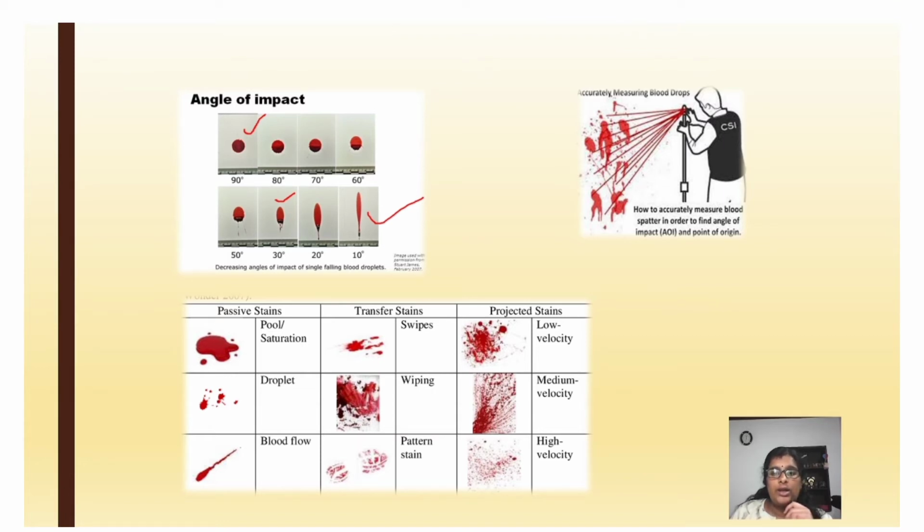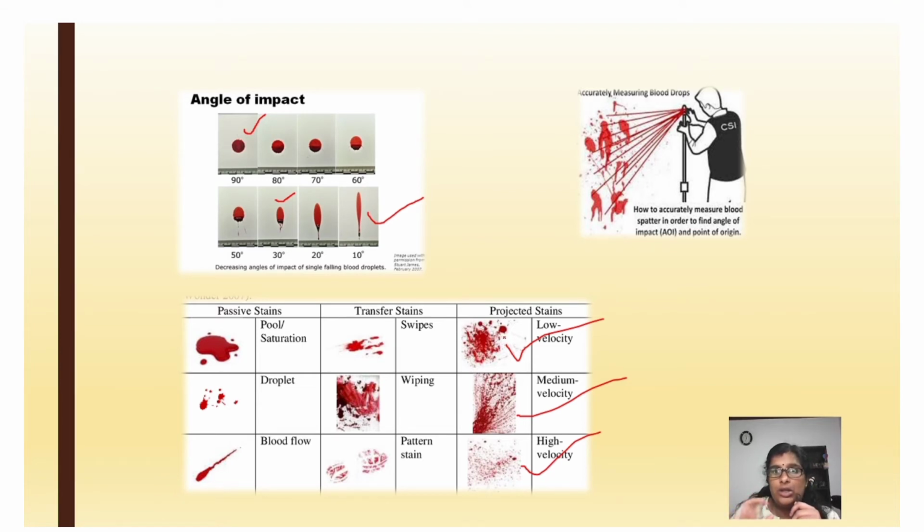These kinds of patterns we can see on the floor, wall, ceiling or anywhere in a crime scene. If you encounter these patterns, the investigating officer will think: normally it's said that high velocity patterns will be small minute droplets.